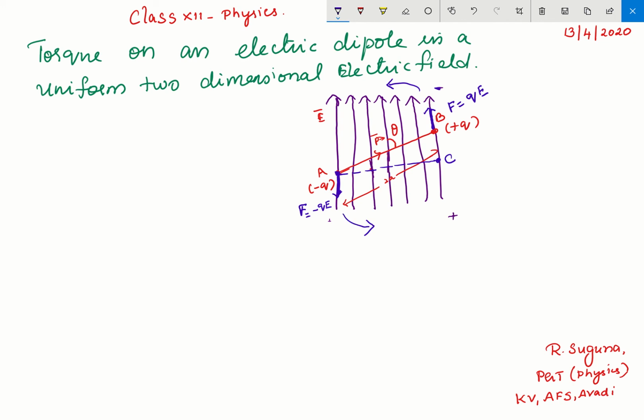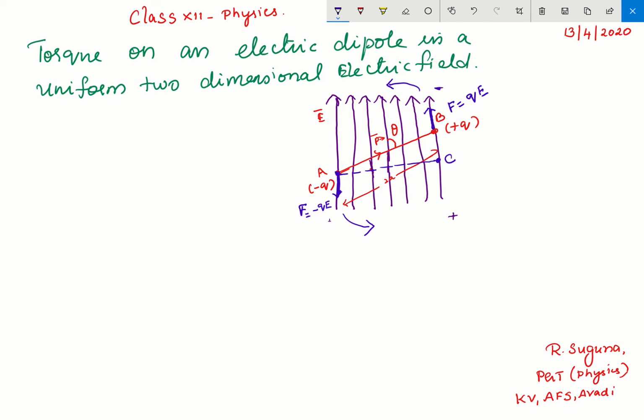Therefore, the couple rotates the dipole in the anti-clockwise direction. Anti-clockwise direction. Okay. This couple is torque. Moment of the couple. We are going to see after this.